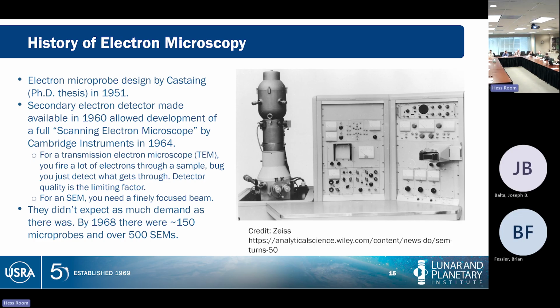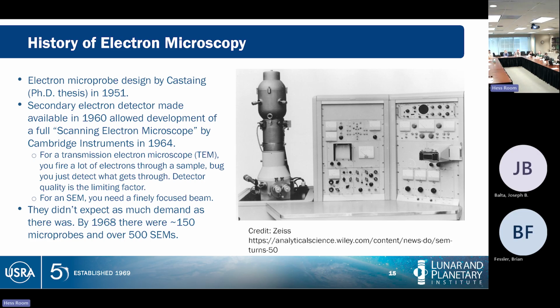There were a few other innovations that had to be done there. It wasn't just the electron detector. For a transmission electron microscope, you're just bombarding your sample with electrons, so you don't need to control it as much because your sample does a lot of the control for you. For a scanning electron microscope, you have to actually be able to scan across a surface. You need a very finely controlled electron beam.